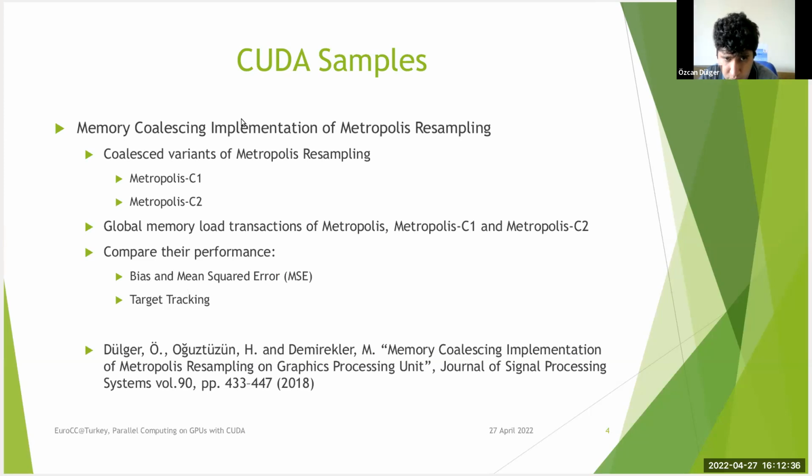I will compare them in terms of this metric, and also their bias, mean square error, and tracking performance. And this is the citation of our work. This work covers most of the issues that I taught you today.